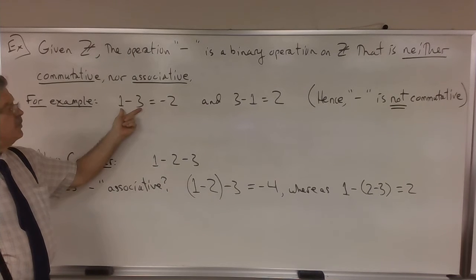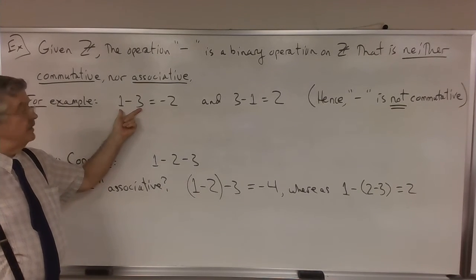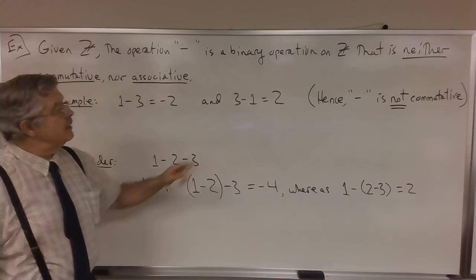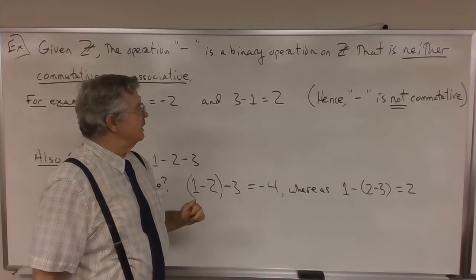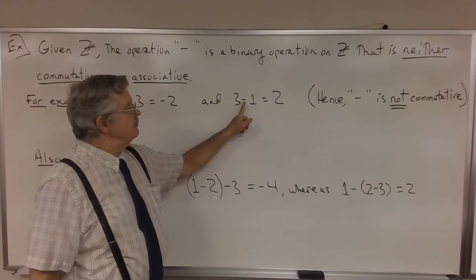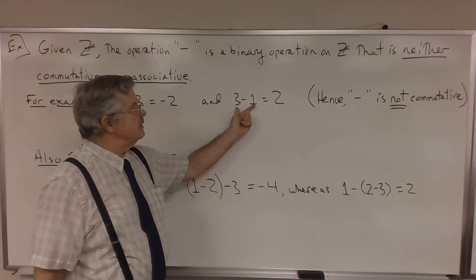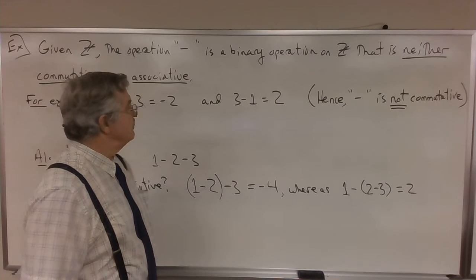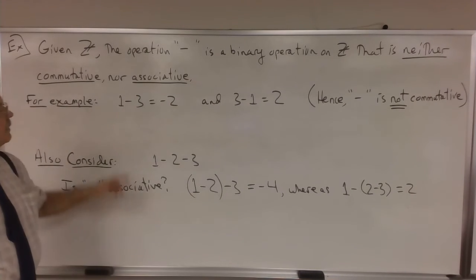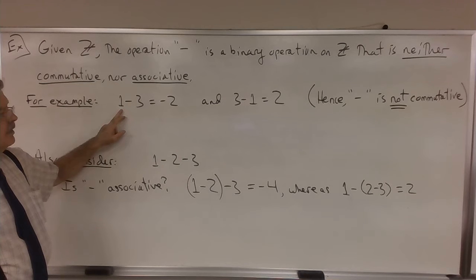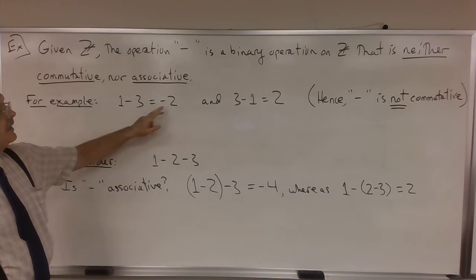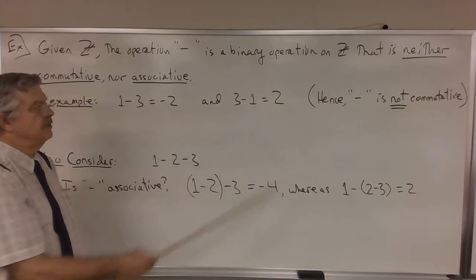But what if we switch the elements? What if we switch the order of the elements in this pair and put the 3 first and the 1 second? Then the operation minus assigns to the ordered pair 3, 1 the element 2. So depending on which element comes first, 1 or 3, we'll either get negative 2 or positive 2.